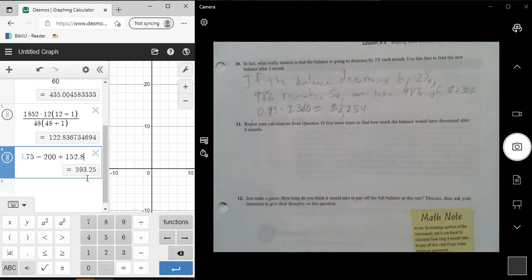It says repeat your calculations from question 10 5 more times to find how much the balance would have decreased after 6 months.